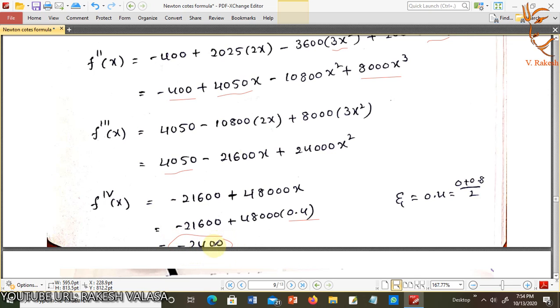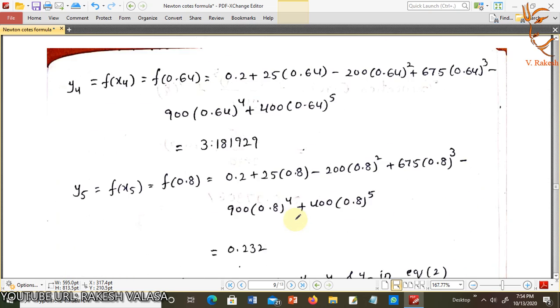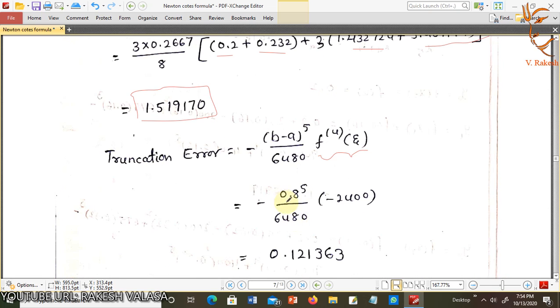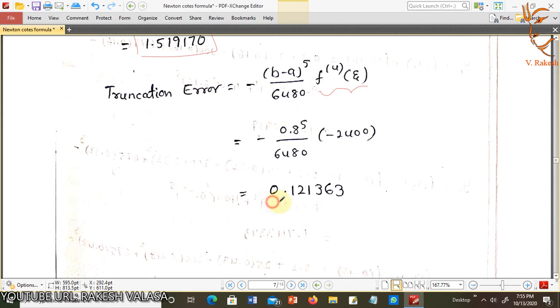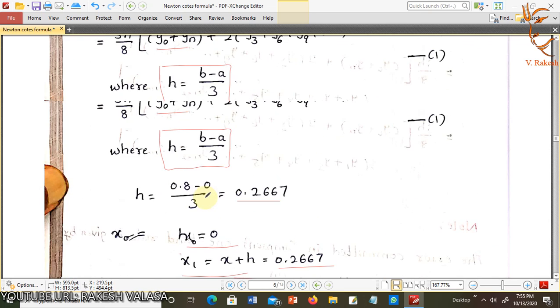Now you can substitute this value in the truncation error formula, that means minus b minus a power 5, that means 0.8 all to the power of 5 by 6480 into fourth derivative of zeta equal to minus 2400. Now simplify this term, we get truncation error for Simpson 3 by 8 rule is 0.121363.